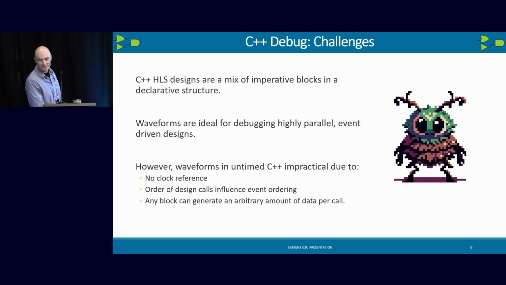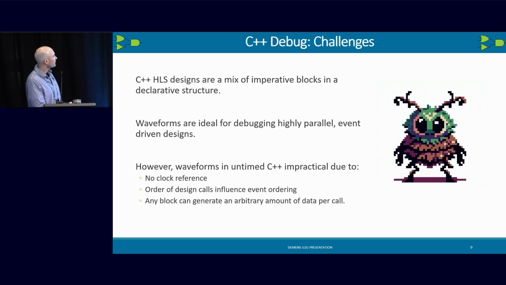All right, let's go on to the next challenge. C++ debug. This is one I really wanted when I first started using HLS, because a lot of RTL designers are used to debugging parallel designs in waveforms, and C++'s real strength is single-step debugging through the code.